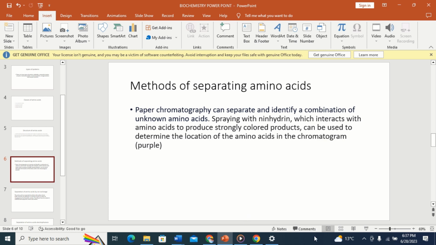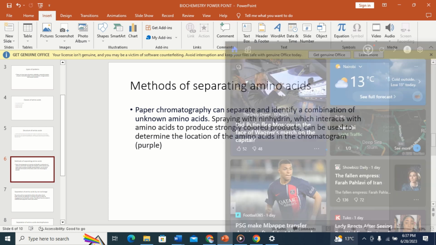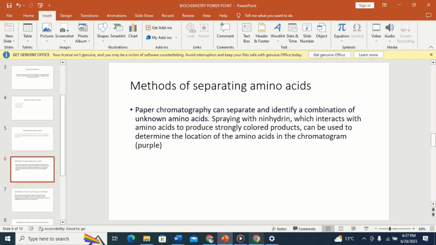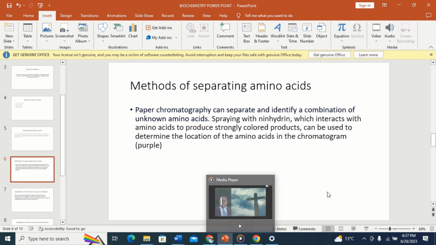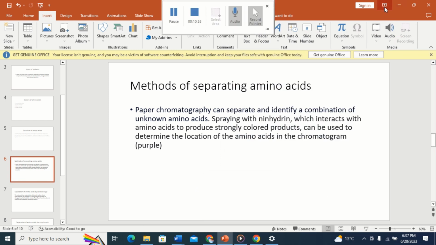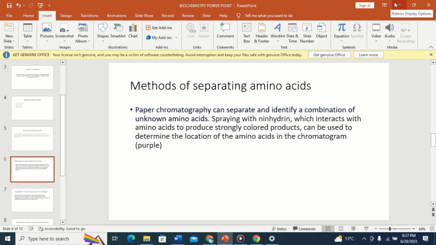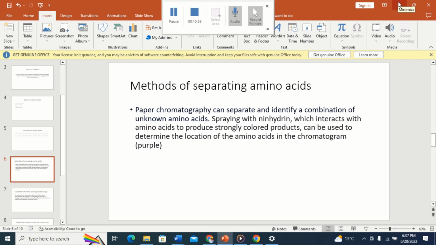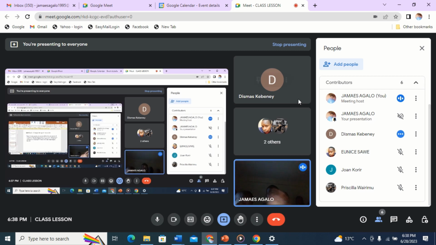Can you name any amino acid that you know? Anybody to name any example of amino acid that he knows or she knows? From the class?